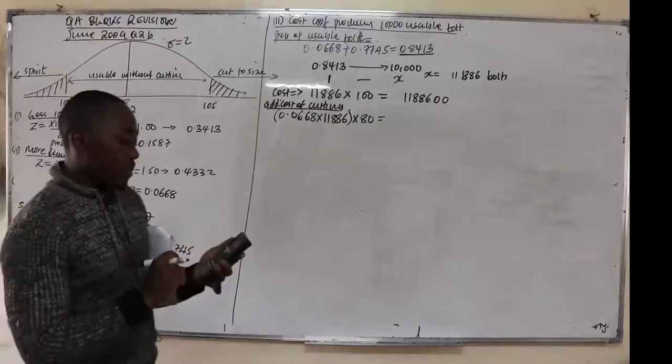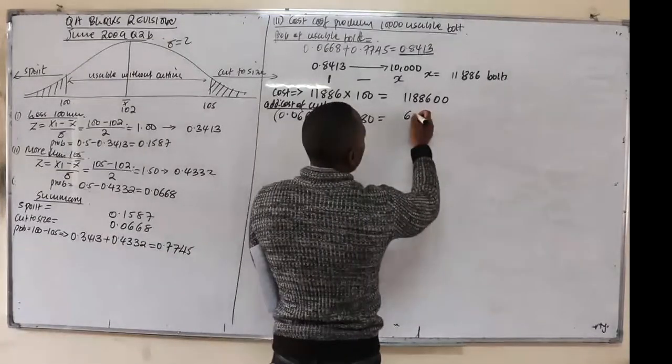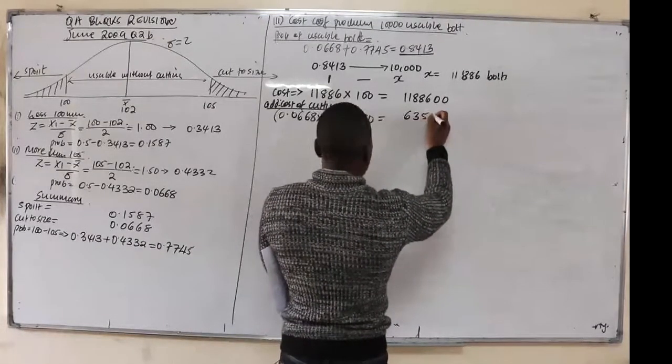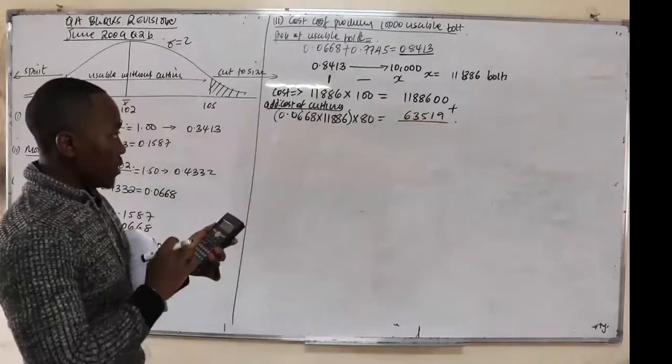Then to cut each bolt, it costs us how much? 80 shillings. Therefore, incurring an addition of 63,519 shillings. So how much will be the total cost? 118.